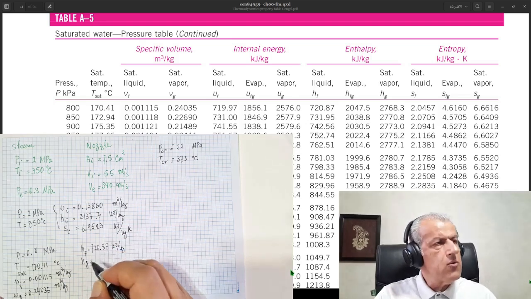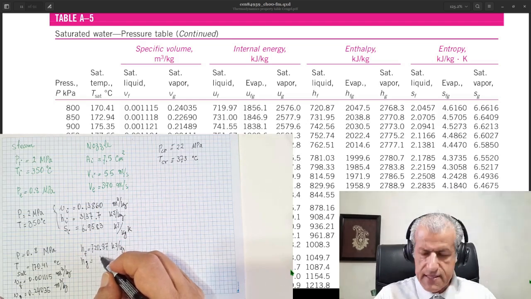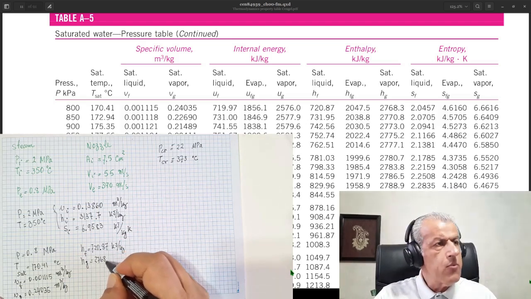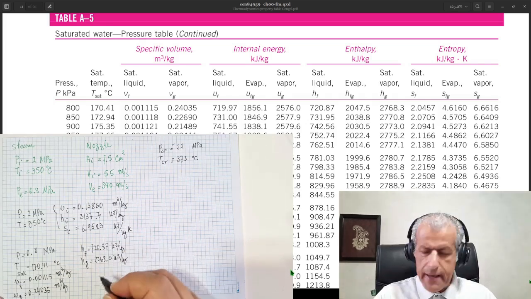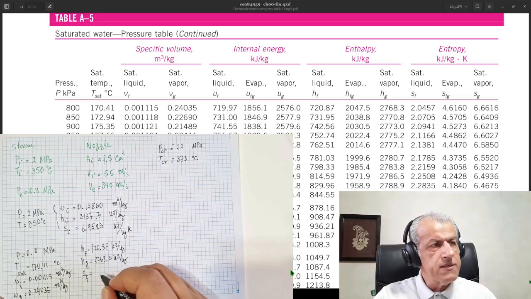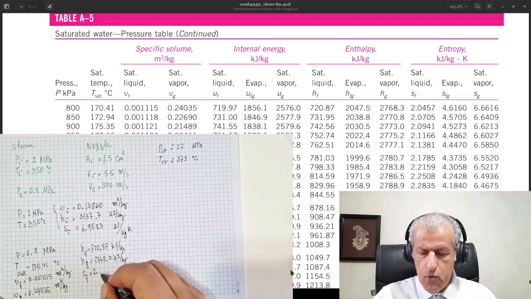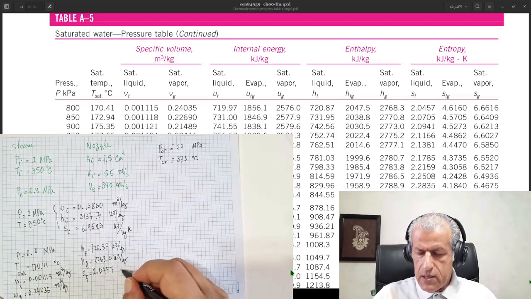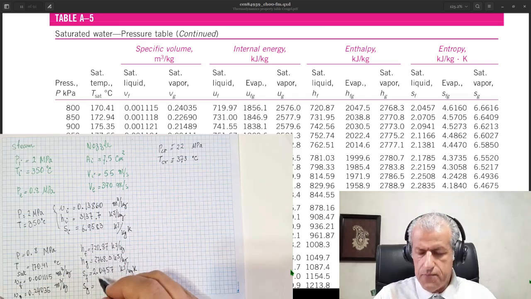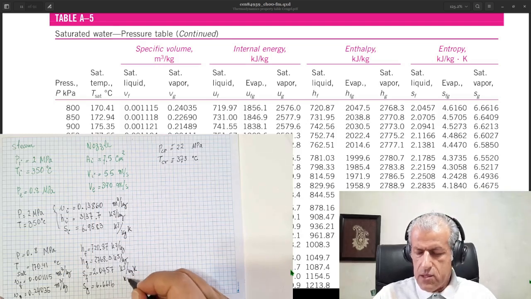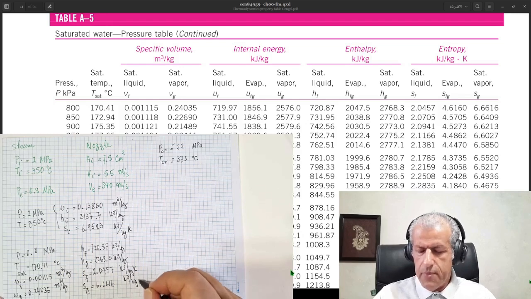Hg equals 2768.3 kilojoule per kilogram, and Sf is 2.0457 kilojoules per kilogram Kelvin, and Sg equals 6.6616 kilojoules per kilogram Kelvin.